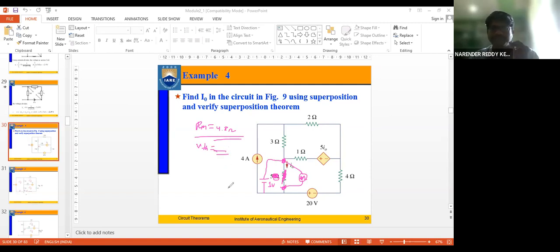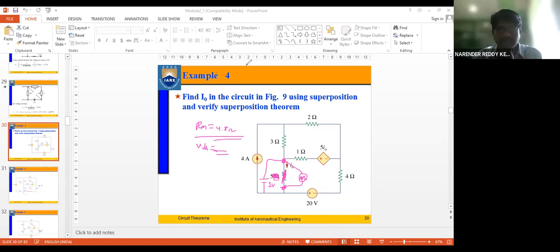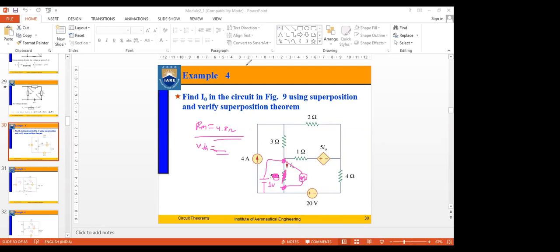So let me share a picture where this was explained clearly. Let me share that picture first. One second, give me a second.